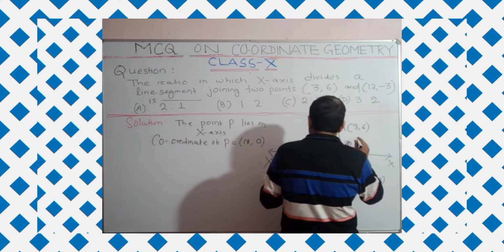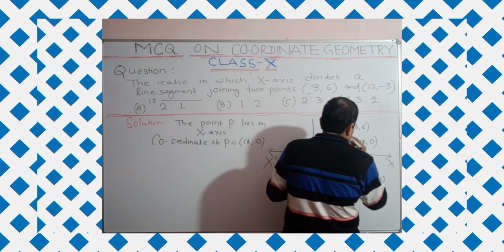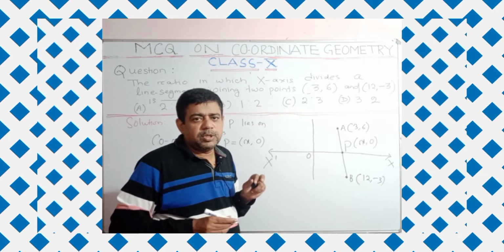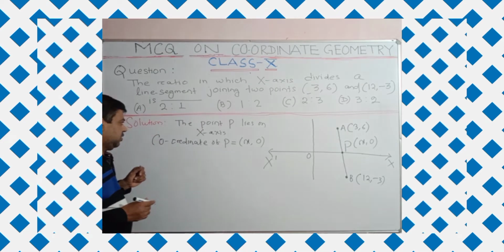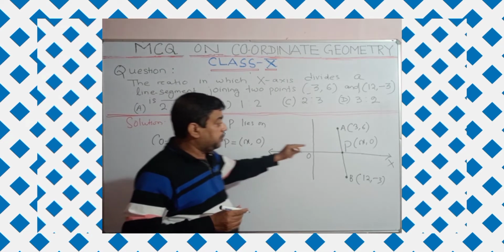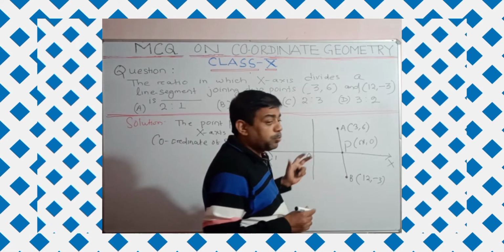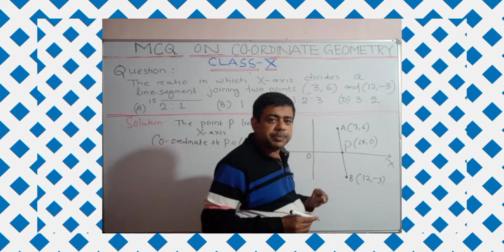It is already discussed in the previous class, in the introduction of coordinate geometry chapter. You can go through it once again. Okay. And again the point P divides the line segment AB into 2 parts. One part is AP, the other part is BP.